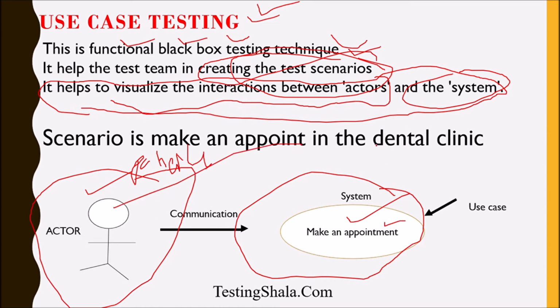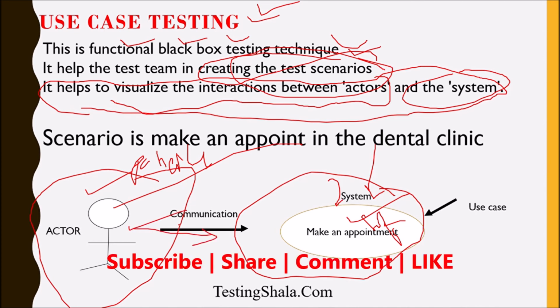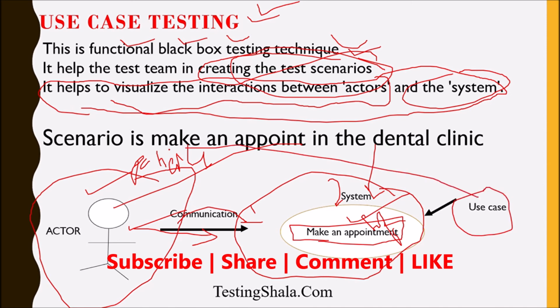And the system which can take the appointment is a software system, where it is going to record whenever a communication happens from the actor, which is a patient here, and the request comes into the software system to take the appointment. It keeps the record in the system. So this is a use case, and use case has been represented in a pictorial representation in this manner.